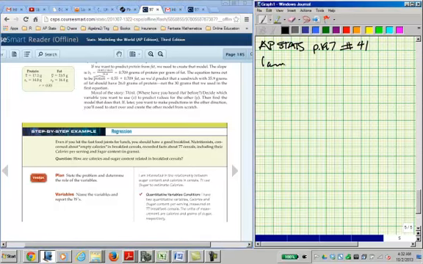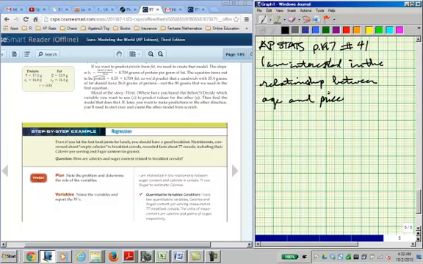I am interested in the relationship between age and price of used Toyotas.